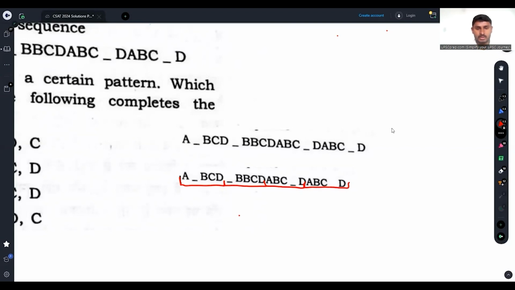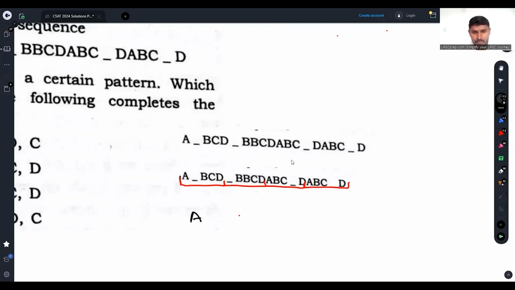So what letters, if you see here, we are able to take a group of 5 letters together, right? A dash BCD, 5 letters, dash BBCD, 5 letters, ABC dash D, then again ABC dash D. Okay, so what I can observe here is there are 5 letters in a group.